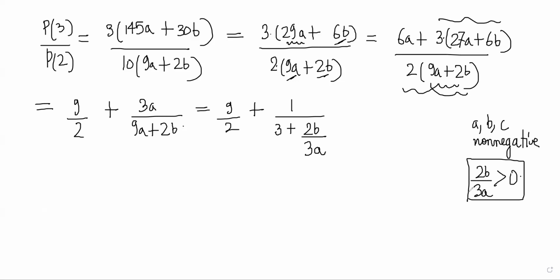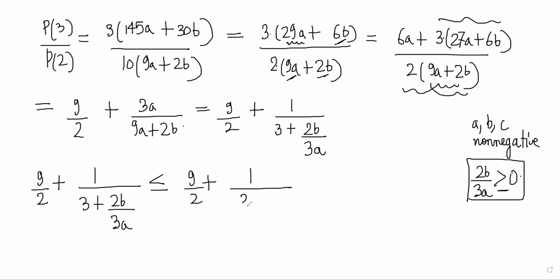And because it is greater than or equal to 0, what we can say is 9 by 2 plus 1 by 3 plus 2b by 3a will be less than or equal to 9 by 2 plus 1 by 3 plus 0. Right? If you divide by the smaller quantity, this is bigger than dividing by a bigger quantity.